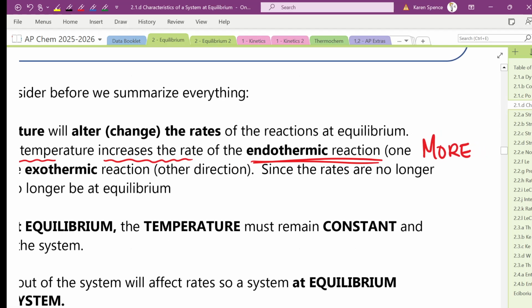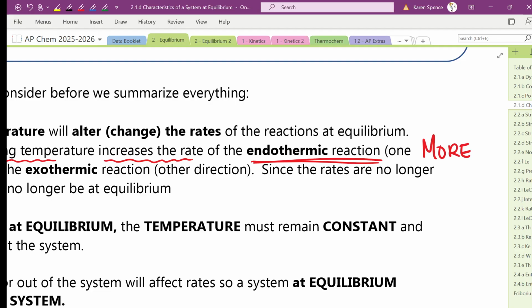So is it like if the temperature increases, the rate is more? Yes. If you decrease, the endothermic decreases more. The endothermic reaction's rate is always affected more, and that's because its activation energy is higher. So it has more effect.